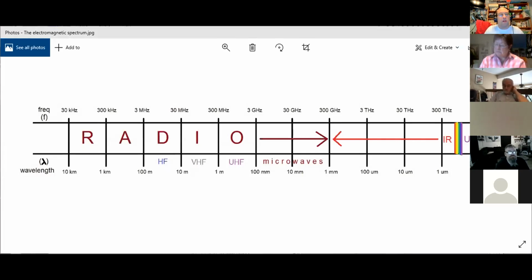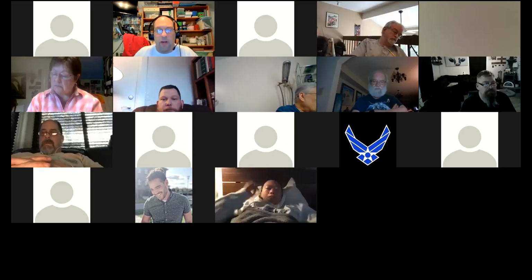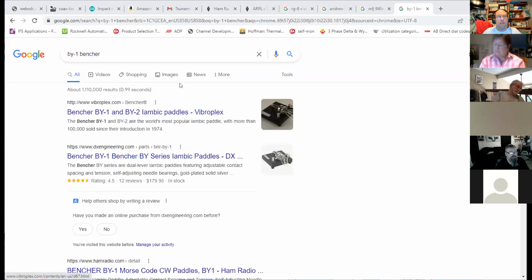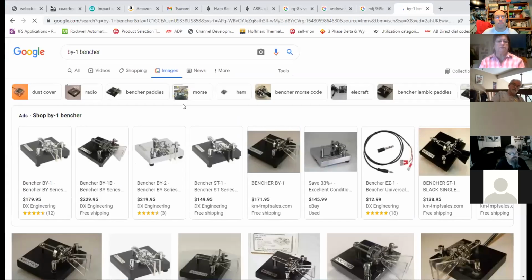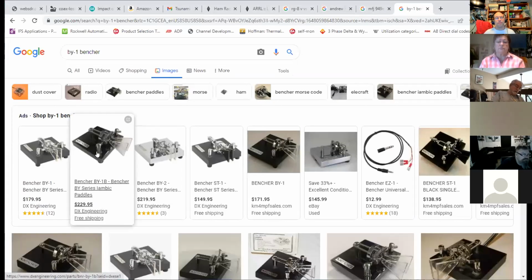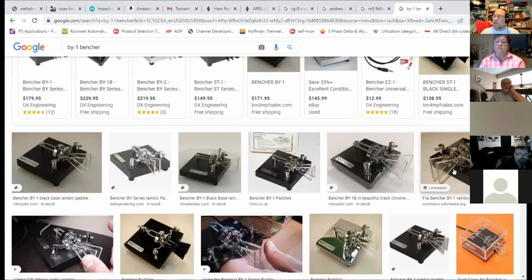And this is what a paddle looks like. This is an iambic keyer. So one way makes dits and one way makes dahs. And what it allows you to do is use electronics to make your signals faster and easier than you can do by hand.